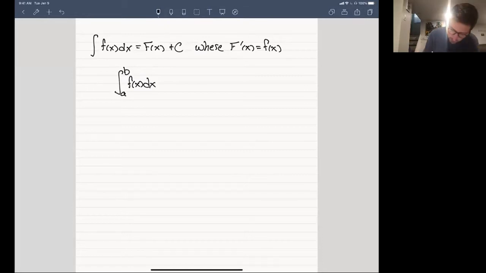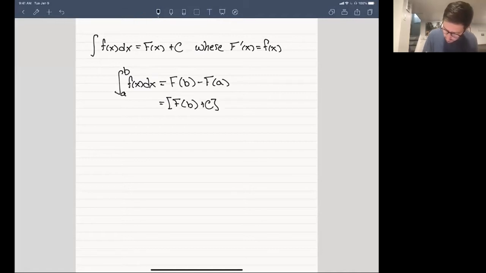So first of all, from the fundamental theorem of calculus, we know that this is equal to f of b minus f of a. Adding and subtracting c to the right-hand side gives us that we can write it like this. We're basically undoing the proof of the second part of the fundamental theorem of calculus here.